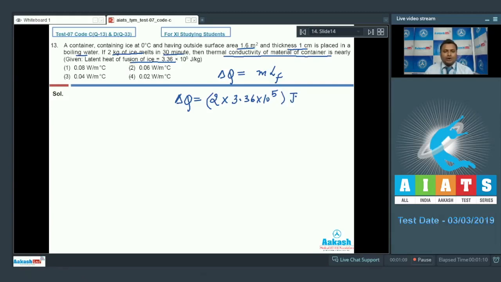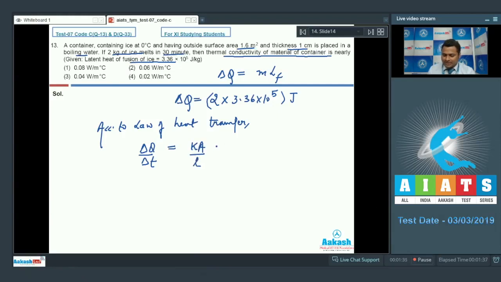Now we know very well, according to the law of heat transfer, we have the rate of flow of heat, that is delta theta upon delta T equals K times capital A upon L into delta T, where K is the thermal conductivity of the material, A is area, L is length, delta T is temperature difference.